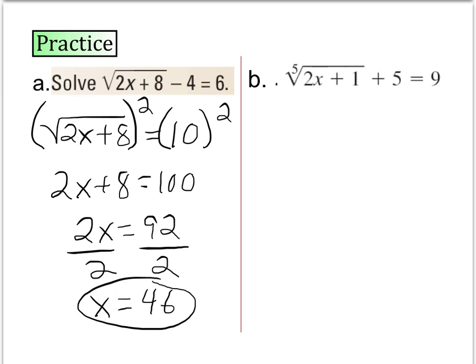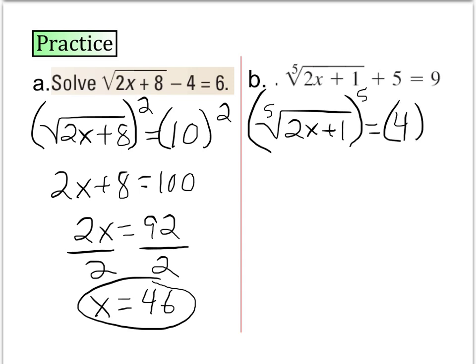Okay, in example B, we have the fifth root of 2x plus 1 plus 5 equals 9. So I want to isolate the radical with the variable in it. So I subtract 5 from both sides. Then I want to raise both sides to the fifth, because I want to get rid of that fifth root.